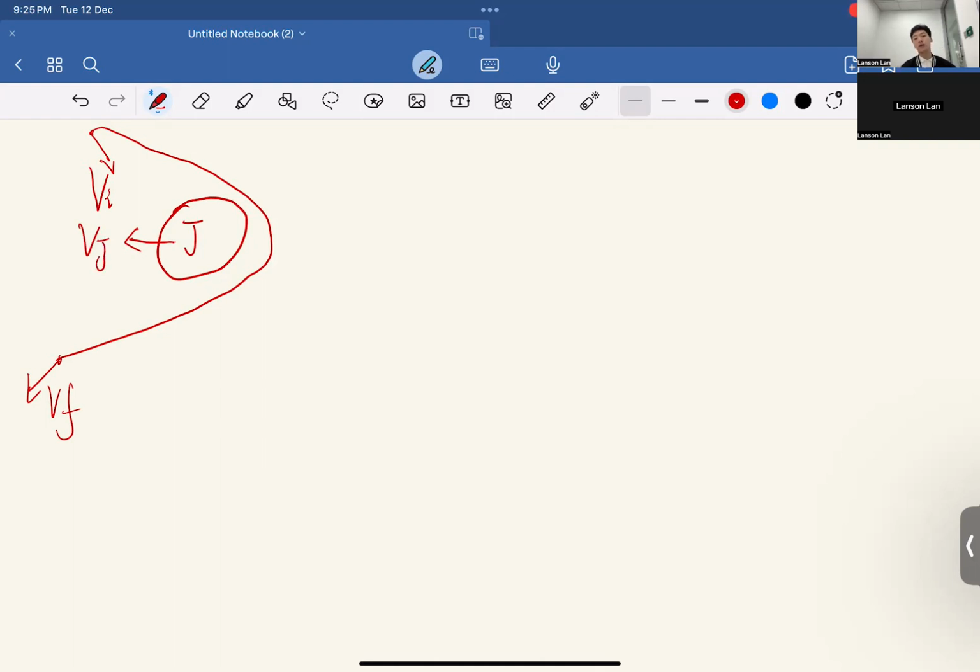Now we can think about some equations to solve this situation. First is VI. VI is the absolute velocity. It equals the velocity of Jupiter plus the velocity of the spacecraft relative to Jupiter.